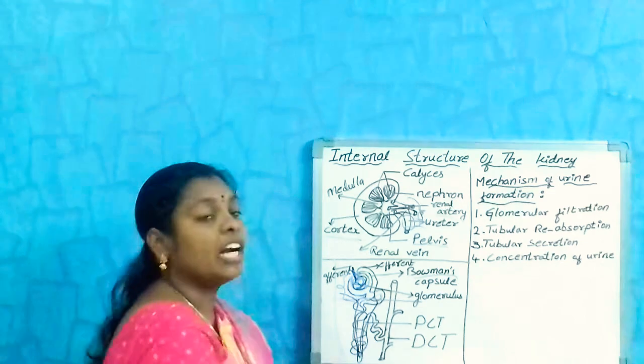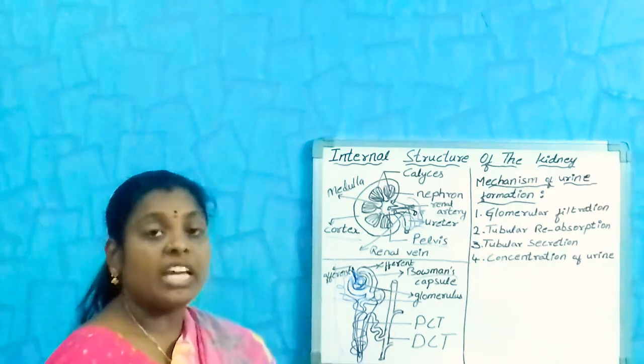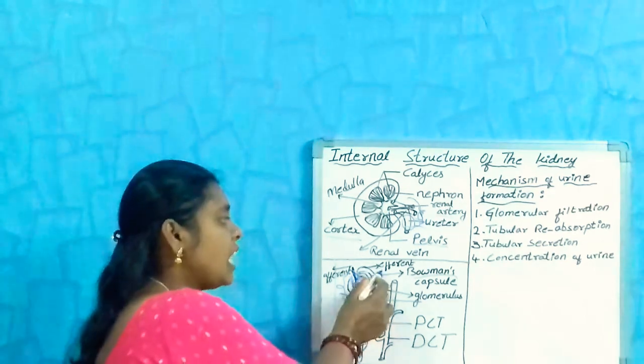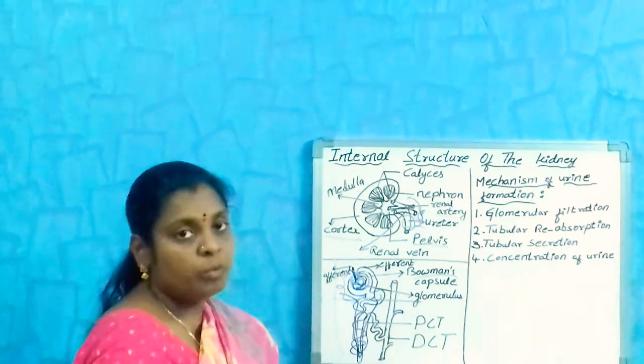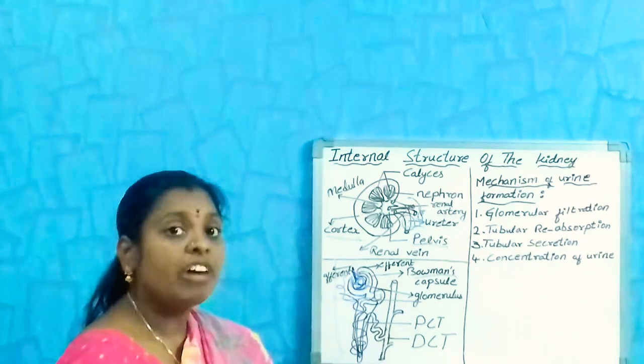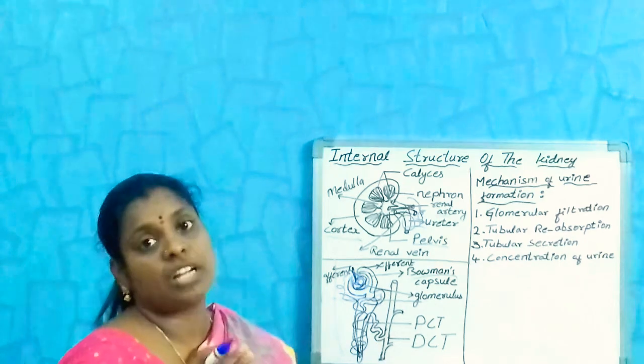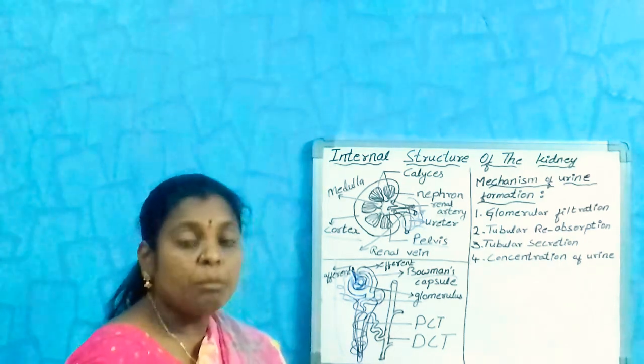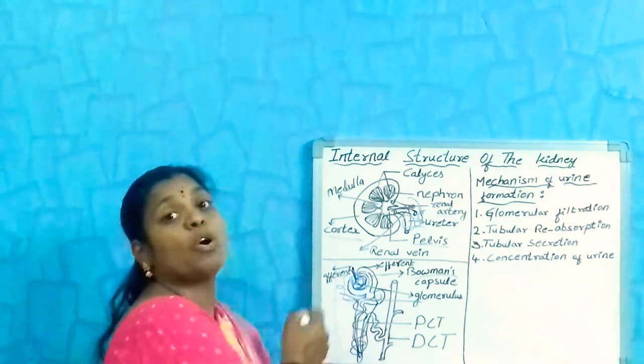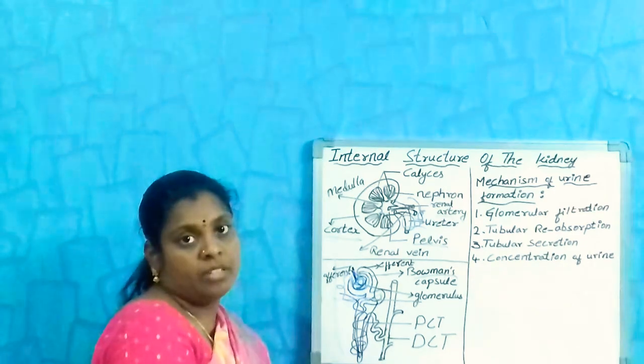The afferent arteriole is thick, whereas the efferent arteriole is narrow. Why is the afferent thick and the efferent narrow? Because to get a larger amount of blood filtrate.